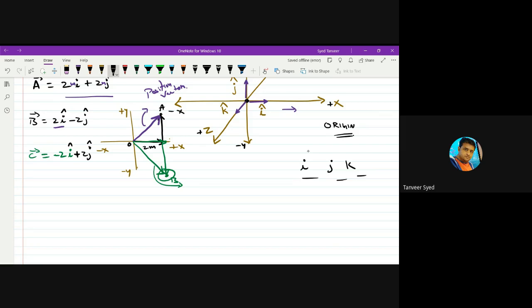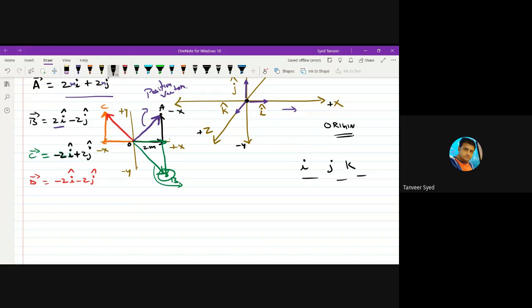Okay, minus 2i plus 2j. How will this vector be? Minus 2i from origin, negative, to minus x-axis. Then 2 positive above, y-axis. You end up here. This is point C. Now, if I draw a line from O to C, this gives me the position vector of point C. If I write vector D as minus 2i minus 2j cap, where does this go?